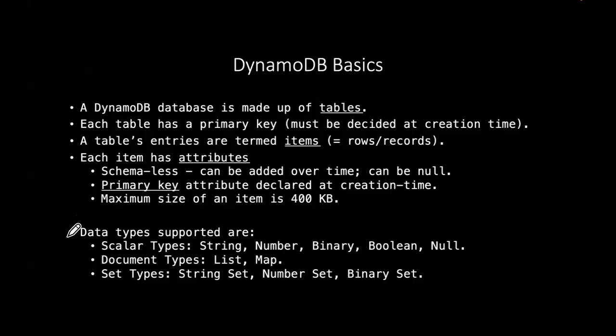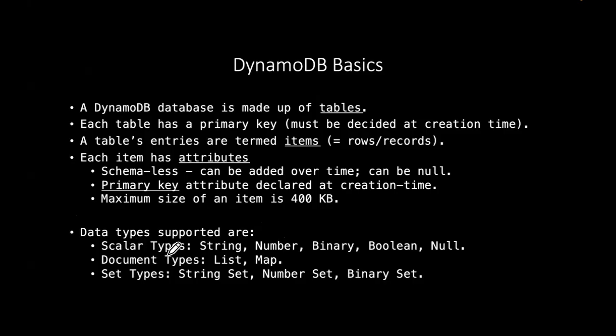DynamoDB has its own data type system. And so obviously it has the notion of scalars, which are the things that we'd expect them to be. It has document types. So a single attribute in an item in a table can be an actual document, where a document is a set of key value pairs.